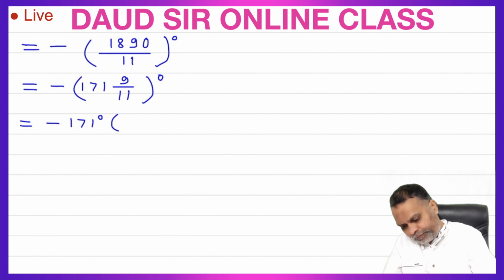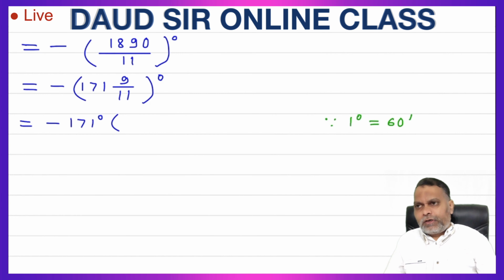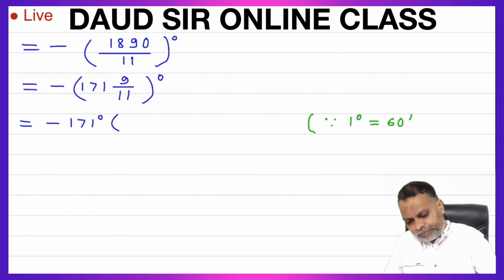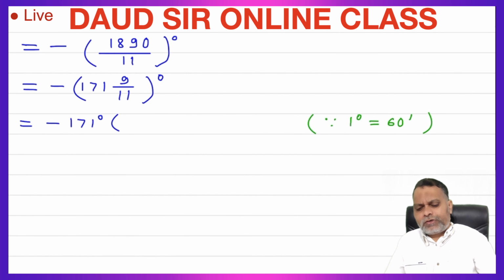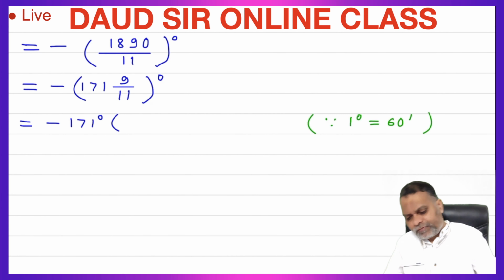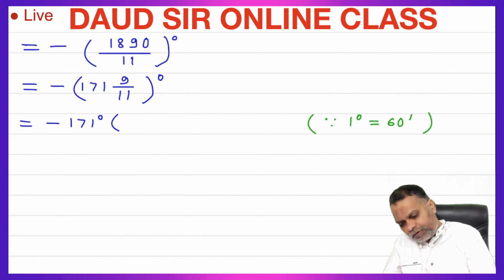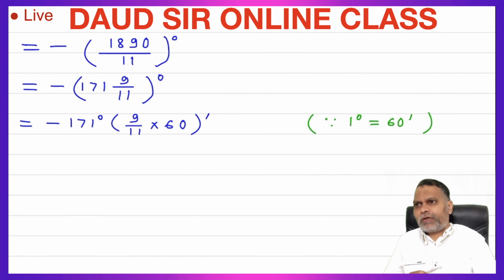So 1 degree is equal to 60 minute. So here this much degree, 9 upon 11 degree. So just multiplying by 60. So 9 upon 11 into 60. Now it is in minute.